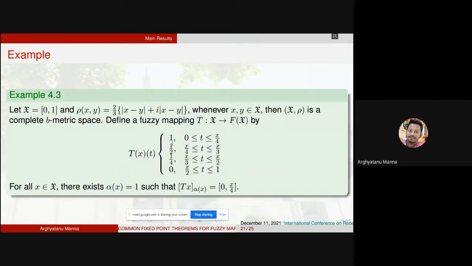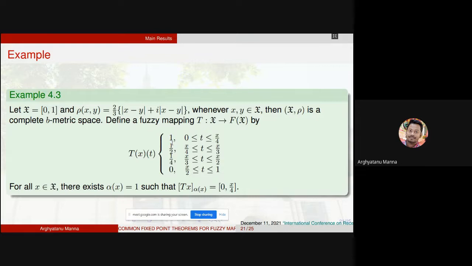And this is the example. Let X = [0, 1] and ρ(x, y) is defined as follows, whenever x, y belong to X, then (X, ρ) is a complete geometric space. Define a fuzzy mapping T: X → F(X) by T(x)(t) = 1 if 0 ≤ t ≤ x/4, 1/2 for x/2 to x/3, 1/4 for x/3 to x/2, and 0 for x/2 to 1.